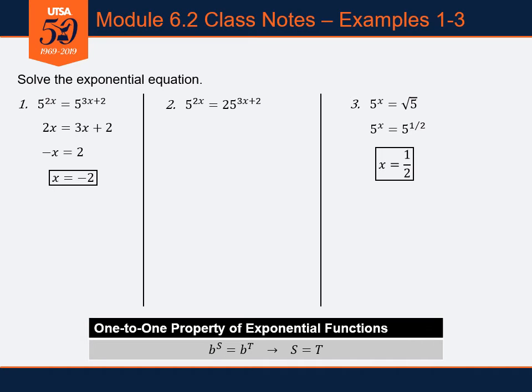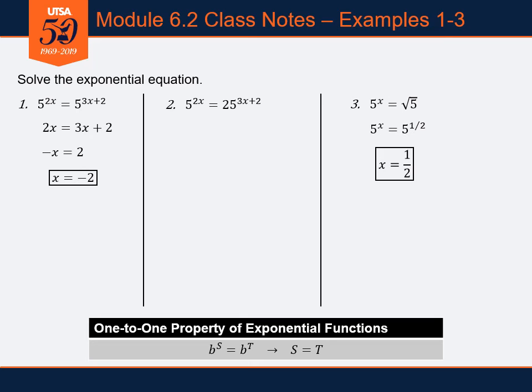In example 2, we've got a little more complicated situation because the two sides of the equation are not powers of the same number, but they can be manipulated to be powers of the same number. Forget about the exponents for a moment and just look at the bases. On the left-hand side, we have a base of 5. On the right-hand side, we have a base of 25.